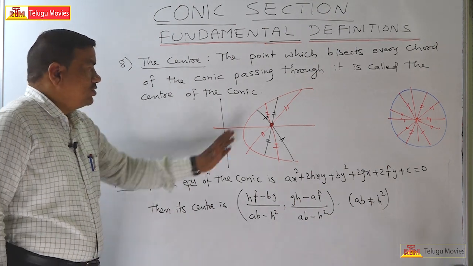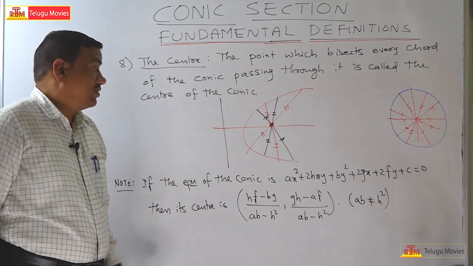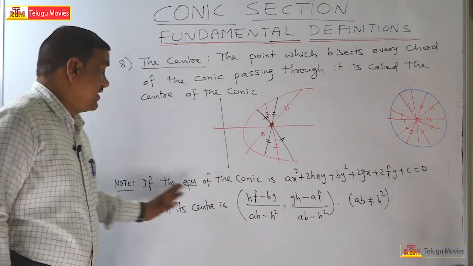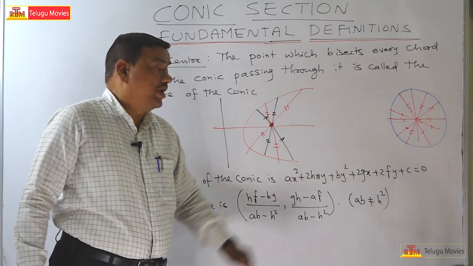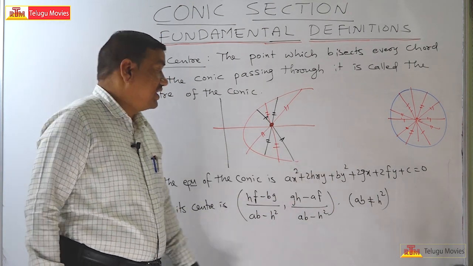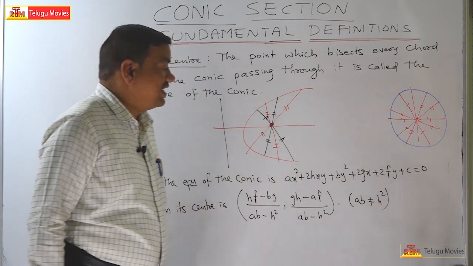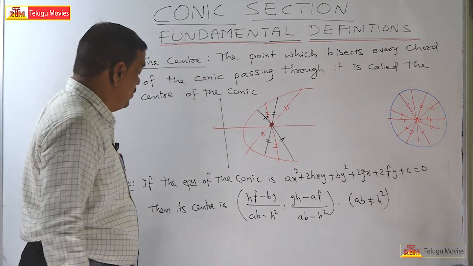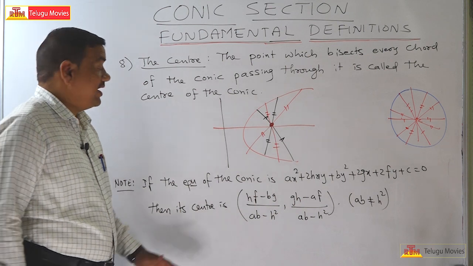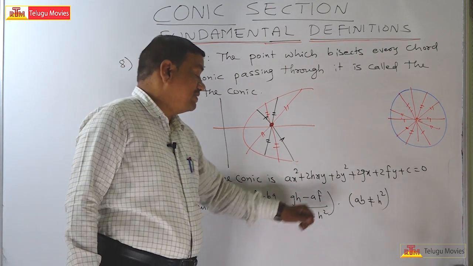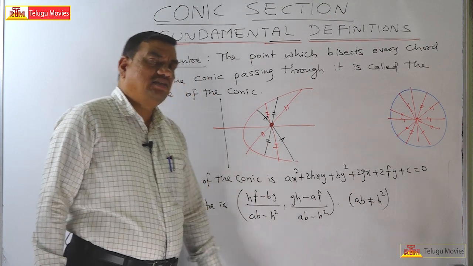I hope you understand this definition. Now, how do we find the center of the conic? Given the equation of the conic as a general second degree equation, ax² + 2hxy + by² + 2gx + 2fy + c = 0, its center is given by ((hf − bg)/(ab − h²), (gh − af)/(ab − h²)).